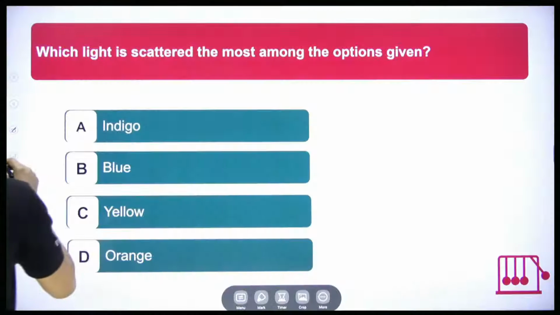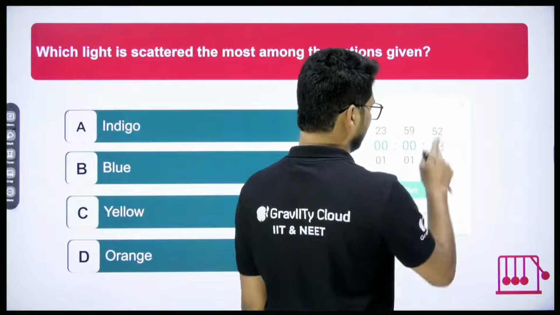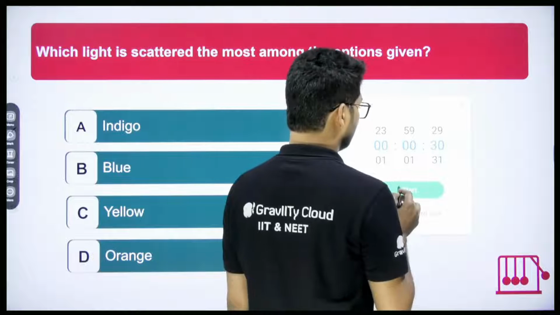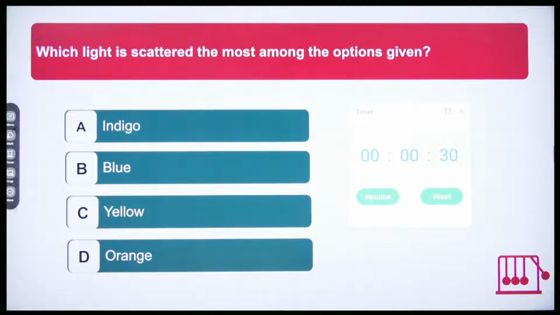I'll give you how much time? I'll give you 30 seconds of time. So please try doing it. Start solving it, everyone. Use Rayleigh scattering and use the relation between wavelengths.